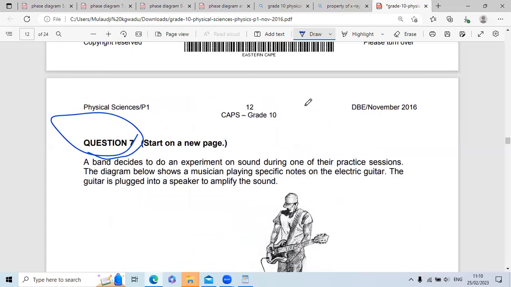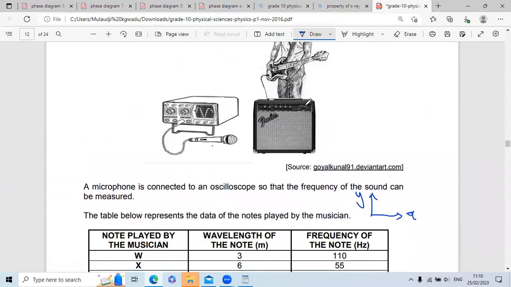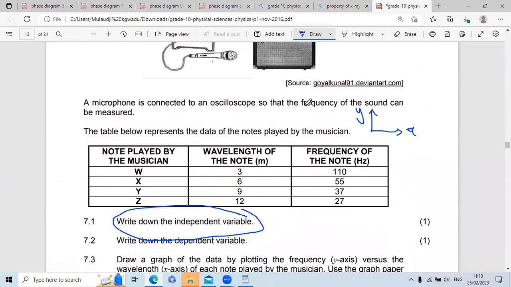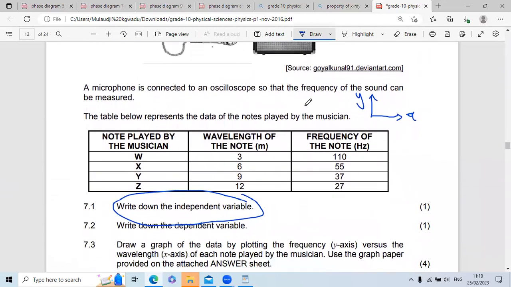So in this particular case, what can I say is independent? I can say the wavelength of the note is independent, and the frequency changes with the wavelength of the note.